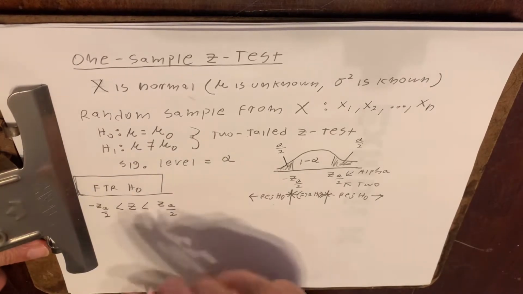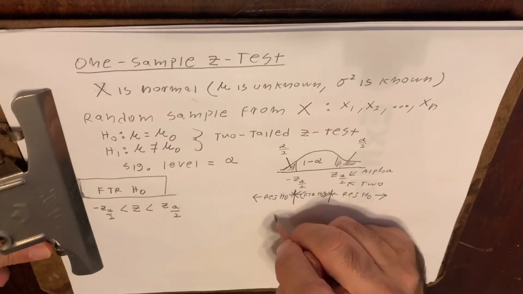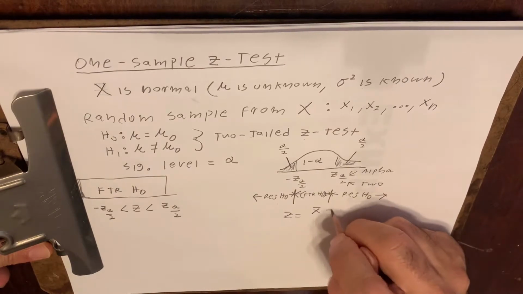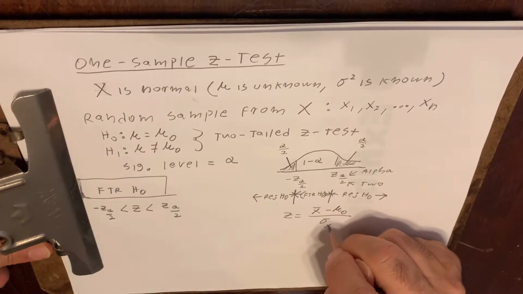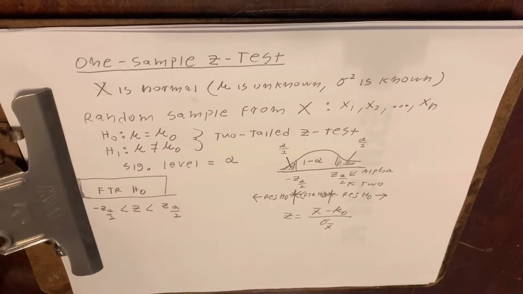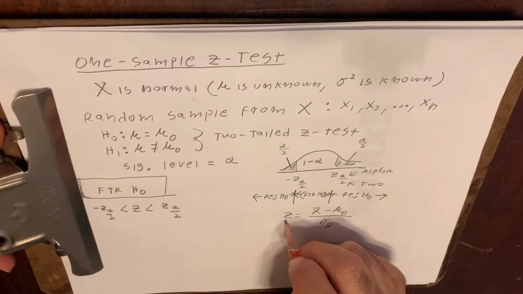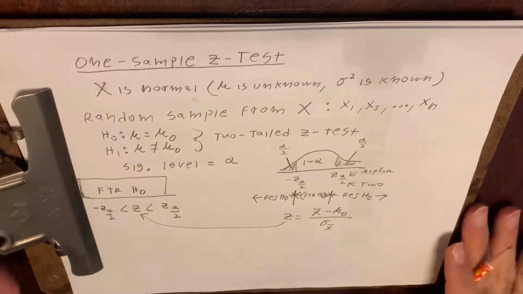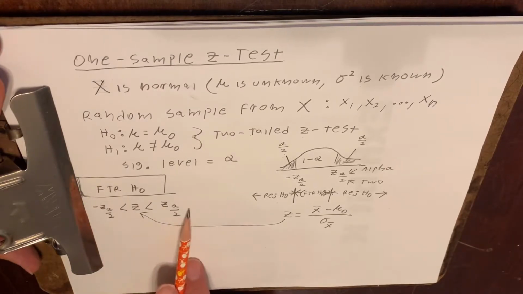So I want to remind you that Z, I'll write it over here, Z is equal to X bar minus mu naught over sigma sub X bar. So if that's the case, what we can do is we can substitute this value of Z in this inequality.